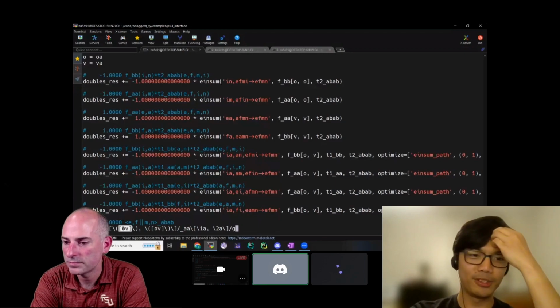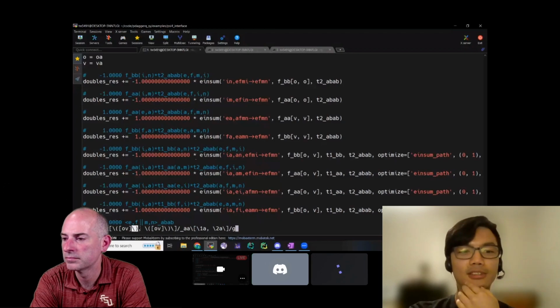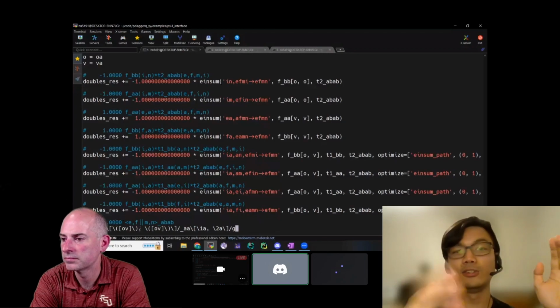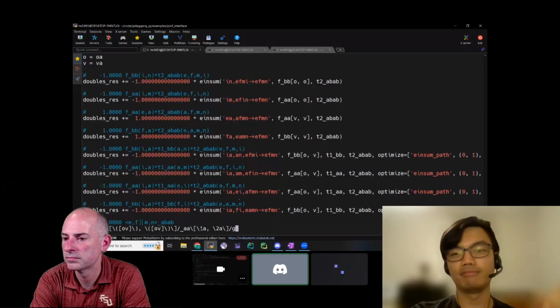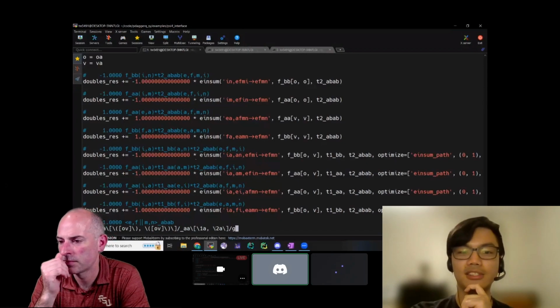So I'm looking for either an O or a V. And anything inside a parenthesis, which I think in Vi you have to escape, because otherwise it thinks that you're looking for a literal parenthesis, is called a capture group. So whatever is inside a capture group, you can call it back, like in Bash, it's like $1. So this is the first capture group. This is the second capture group.